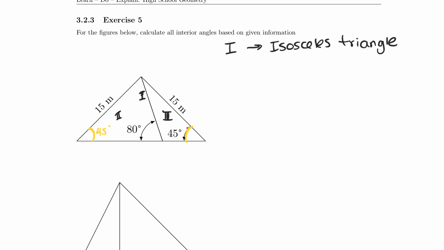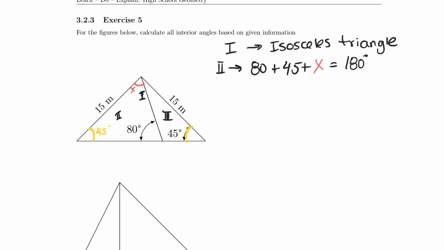For triangle 2, let's do the math. We have 80 degrees plus 45 degrees plus the missing angle, let's call it x. Plus x is equal to 180 degrees.